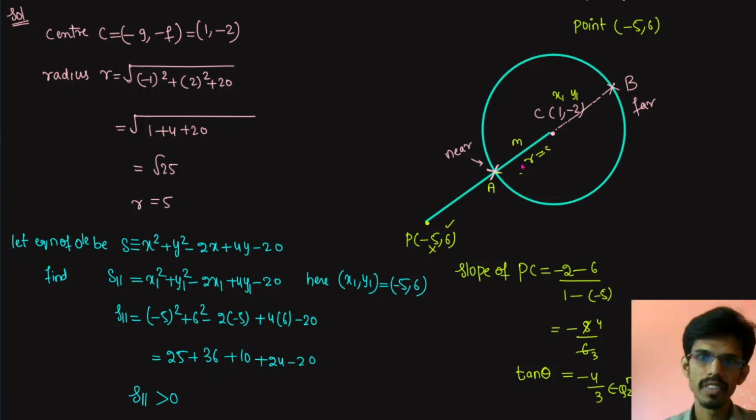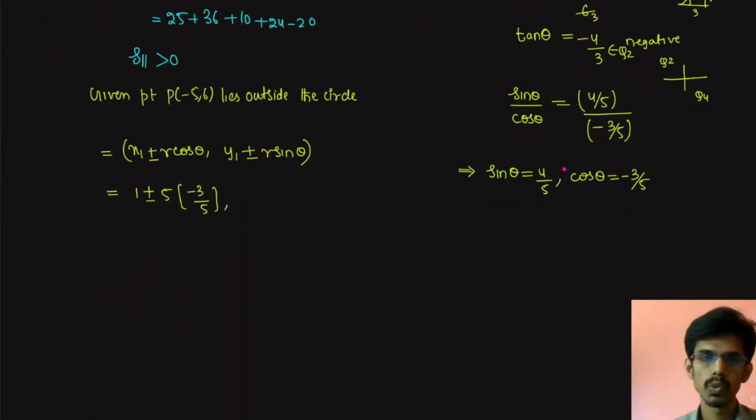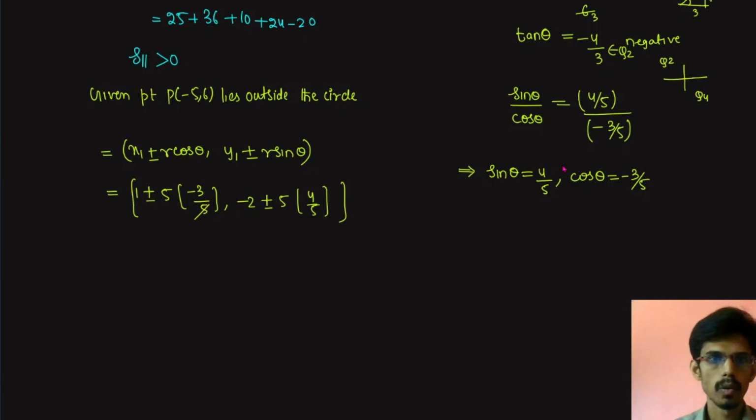The r value is 5 here, so it will be 5 into cos theta, and cos is minus 3 by 5. y1 from the center is minus 2 plus or minus 5 into sine, which is 4 by 5. Now this 5 gets cancelled. So 1 plus or minus 3 comma minus 2 plus or minus 4.